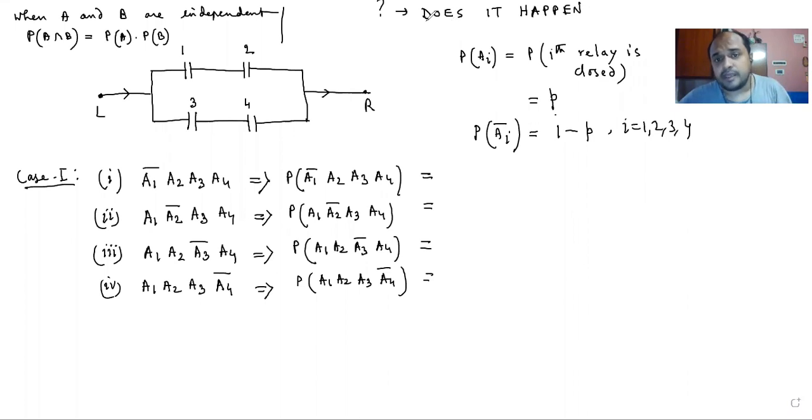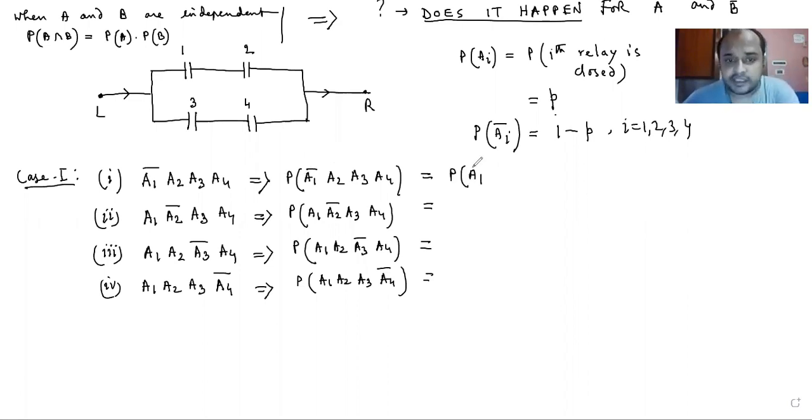By does it happen, I mean whether the same scenario happens for events like A and the complementary event of B, B bar. So can I say that if A and B are independent, it implies that A and B bar are also independent? If it is so, then I can write this probability as the product of individual probabilities.